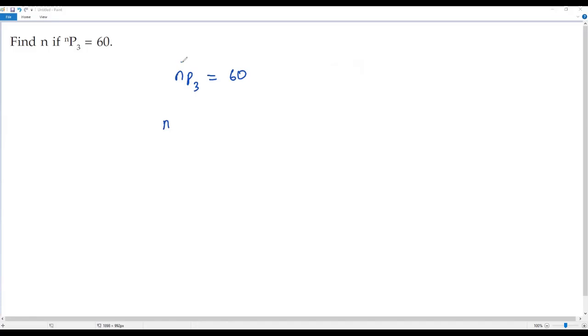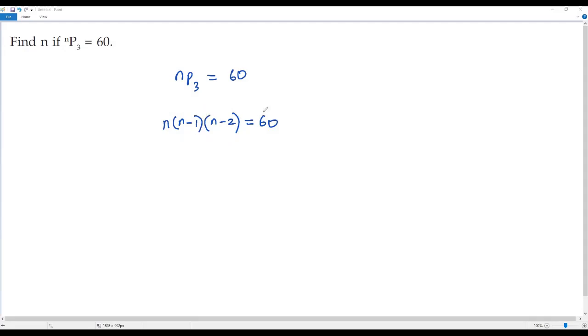Let me start with the given value, that is n. To get the next consecutive integer, I subtract 1 from n because I am decreasing, which gives n minus 1. To get the next one, I subtract 1 from n minus 1, which gives n minus 2. So n times (n minus 1) times (n minus 2) equals 60. Here we have a product of 3 consecutive integers in descending order, from greatest to least.